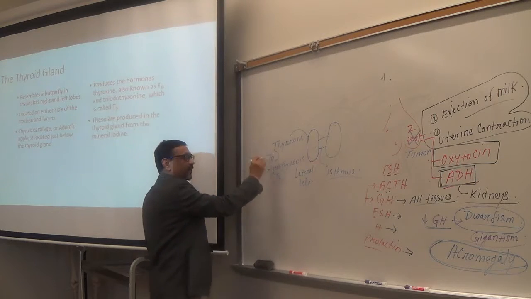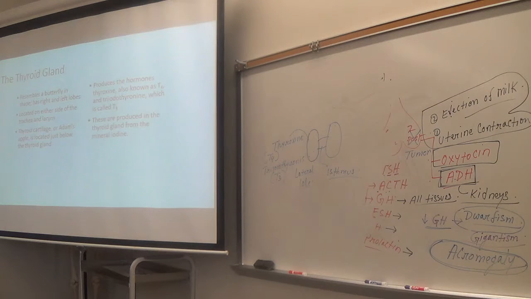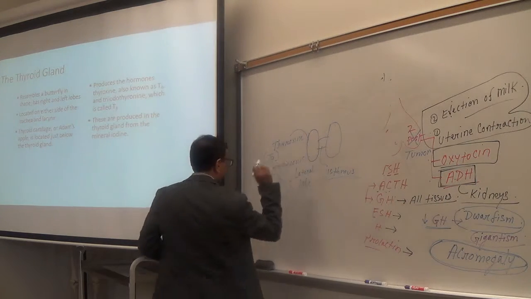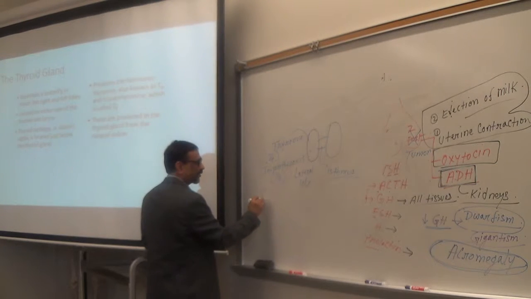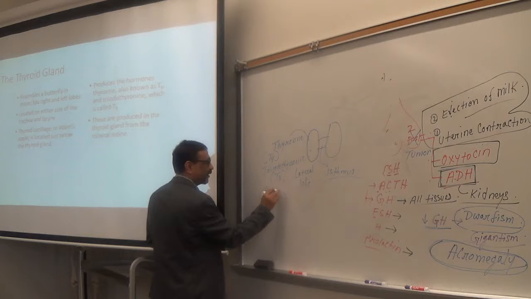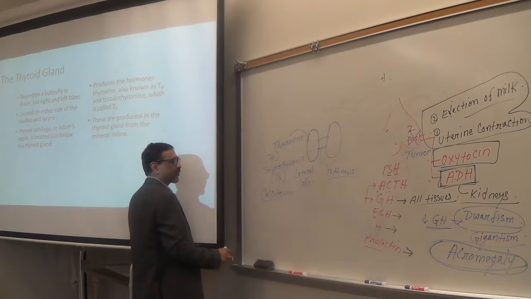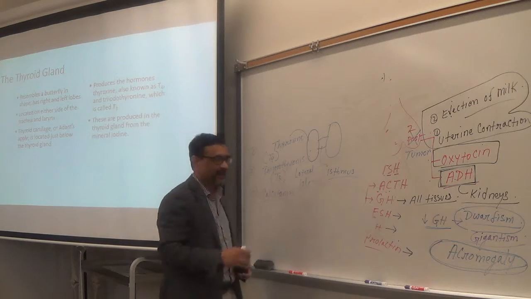So thyroxine or tetraiodothyronine, T4, and triiodothyronine or T3. Those are two important hormones, and another hormone that is also released by the thyroid is called calcitonin. So those are three hormones: 1, 2, 3.